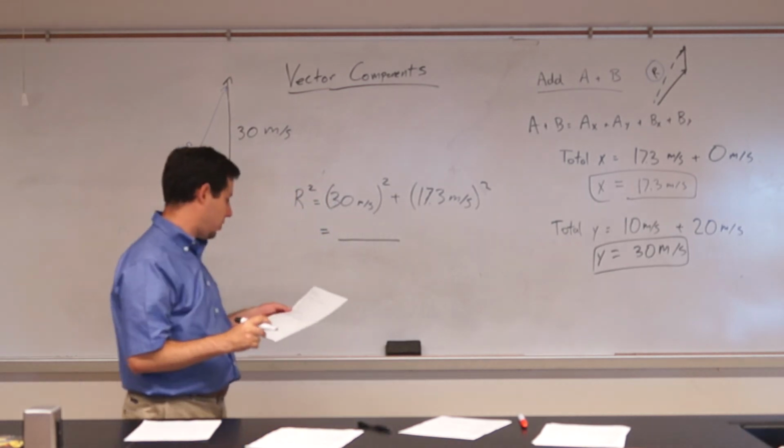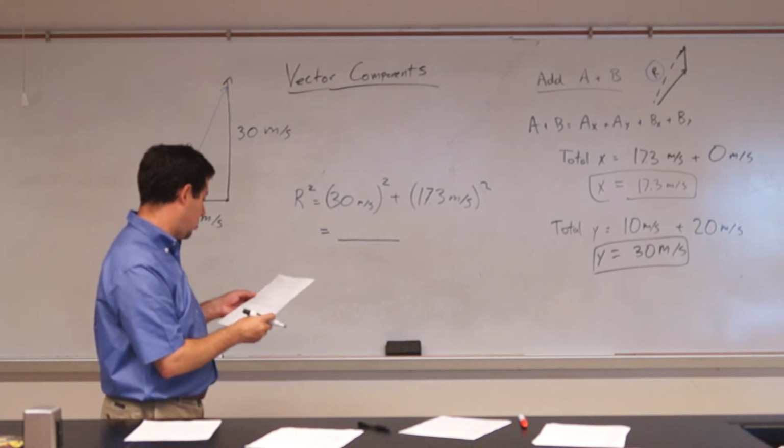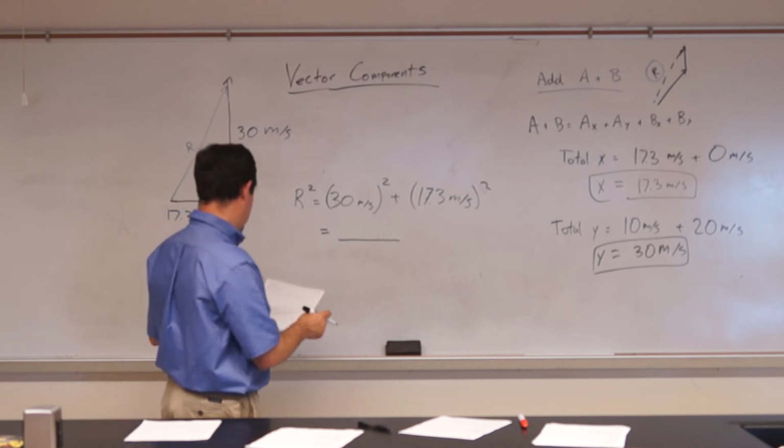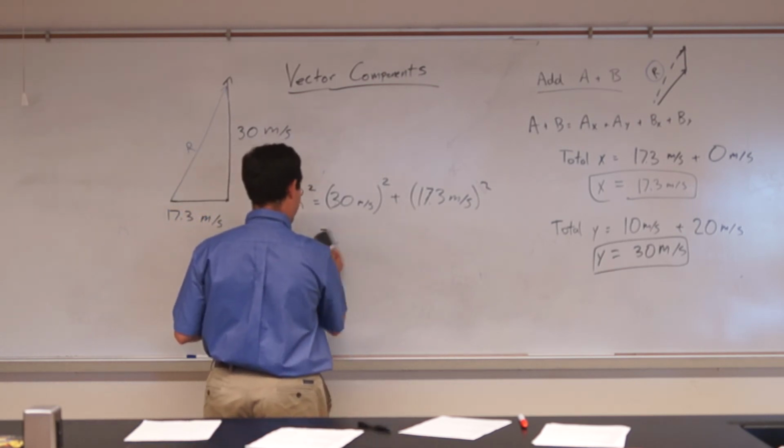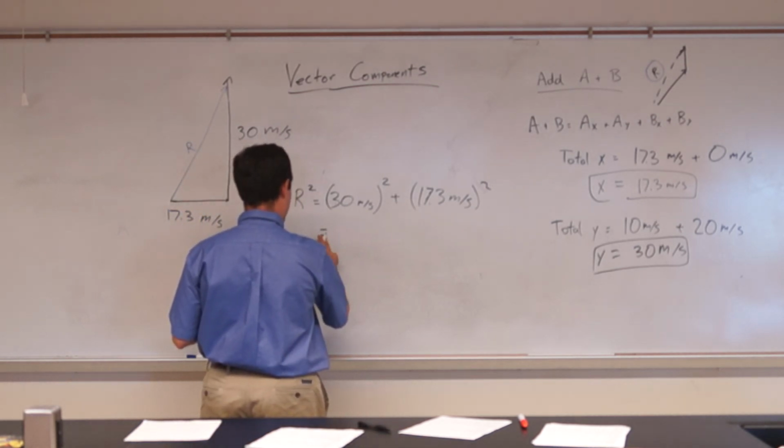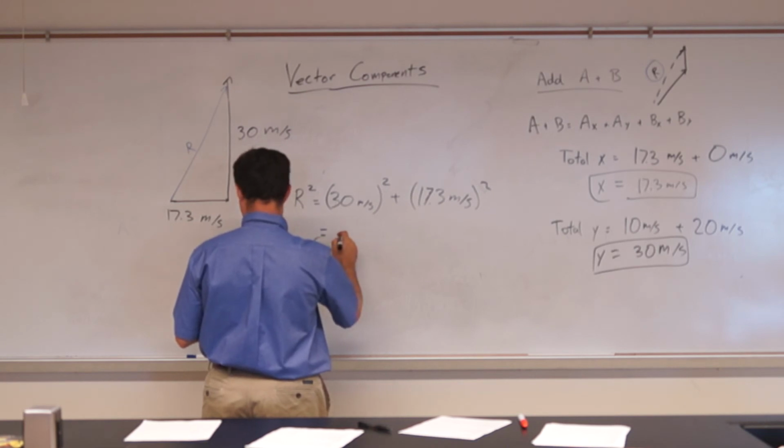So you end up getting a resultant that is the square root of the sum.